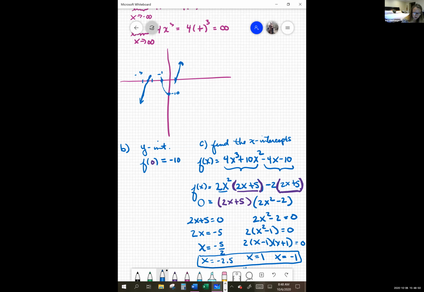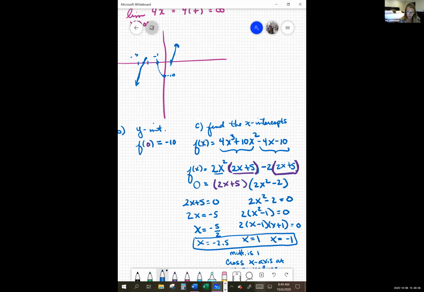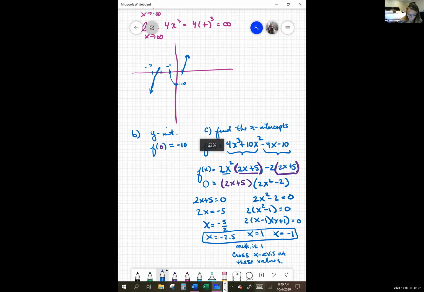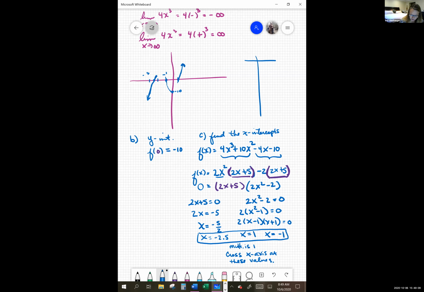So plotting a couple points in between this -2.5 and -1, and maybe between -1 and 0 and 0 and 1 would give us some ideas of what was happening. What do we say? -2.